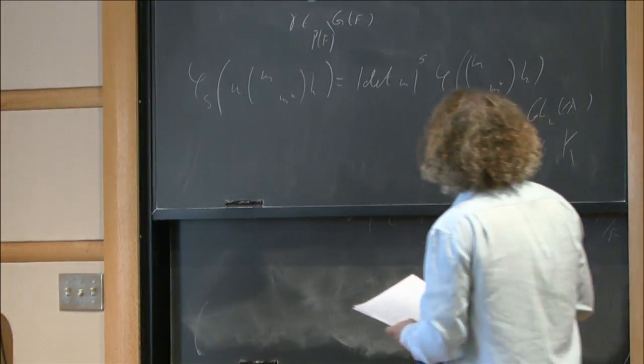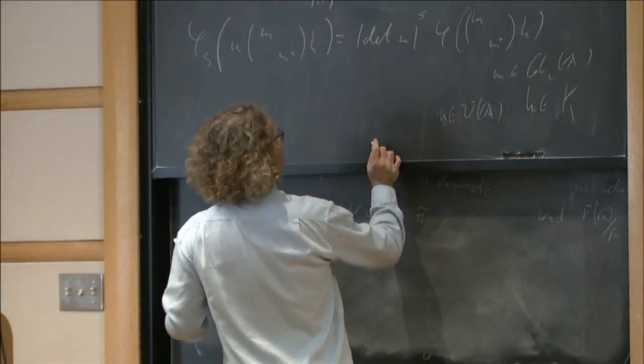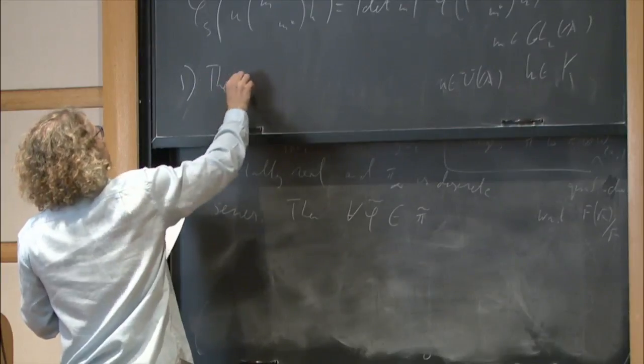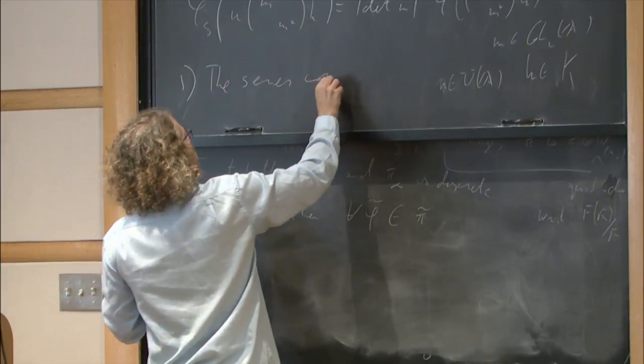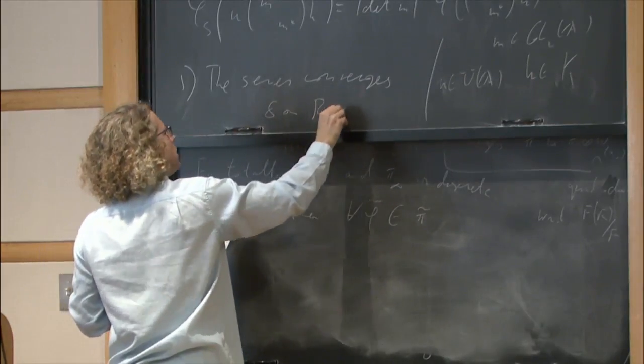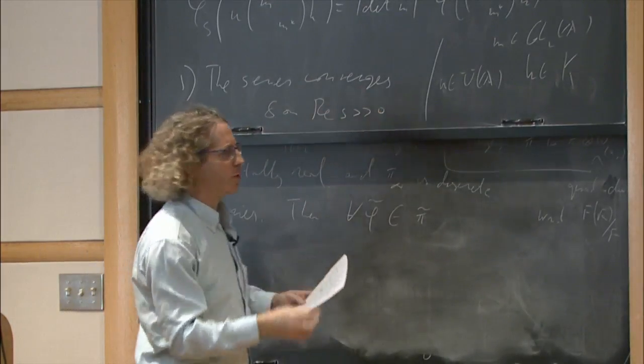And so this series converges, so let me just list a few facts. The zeroth fact is that the series converges for real s sufficiently large. In this case, it would be like 3/2.